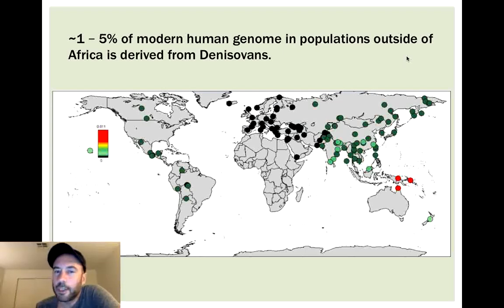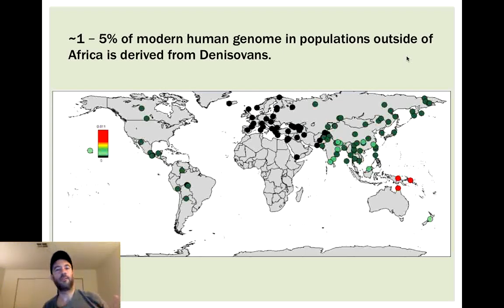And strangely, even though the Denisovan fossils were found in Russia, that's part of Central Asia, the populations that have the highest frequency today of Denisovan genomes are in Oceania, in Australia, in New Guinea, in parts of Melanesia.